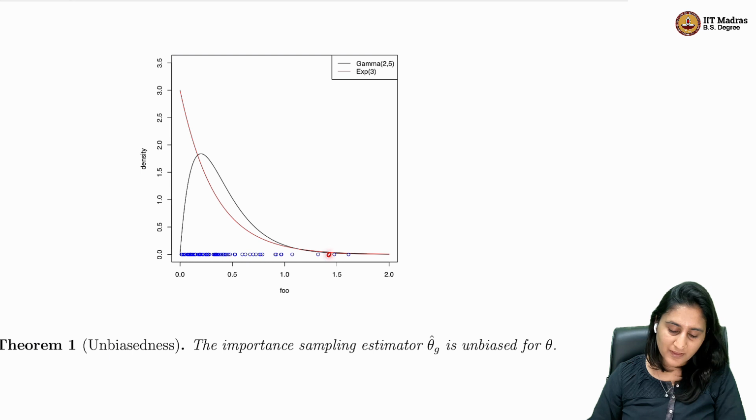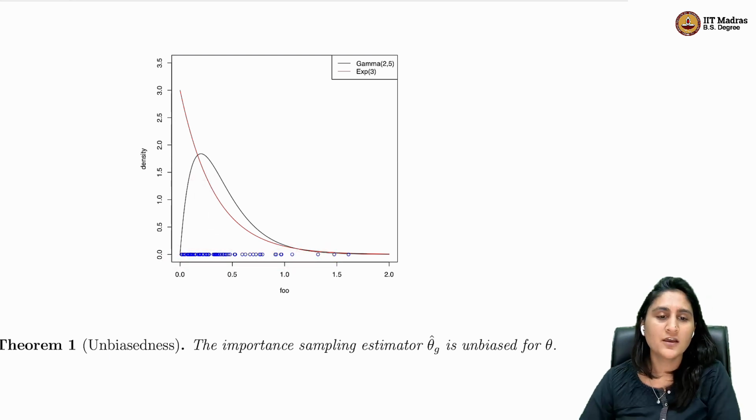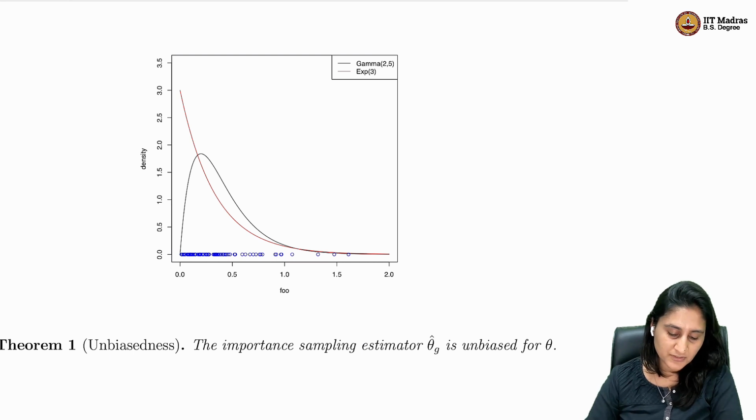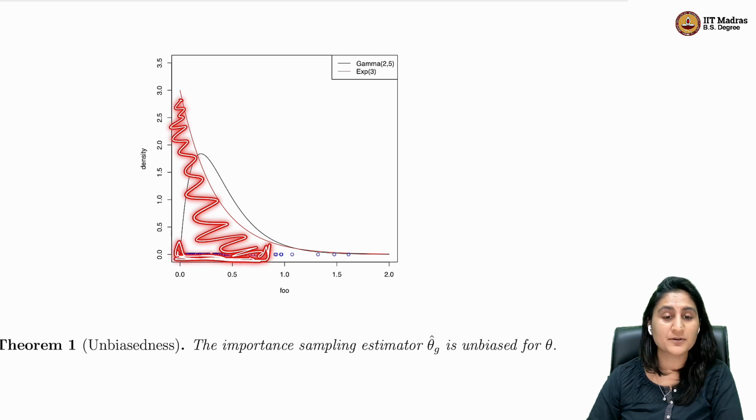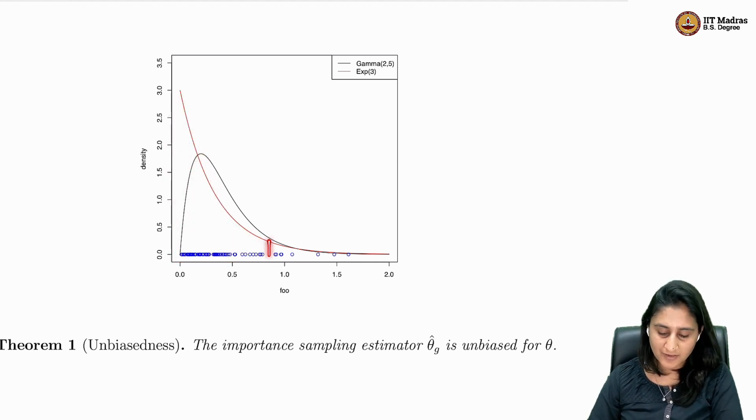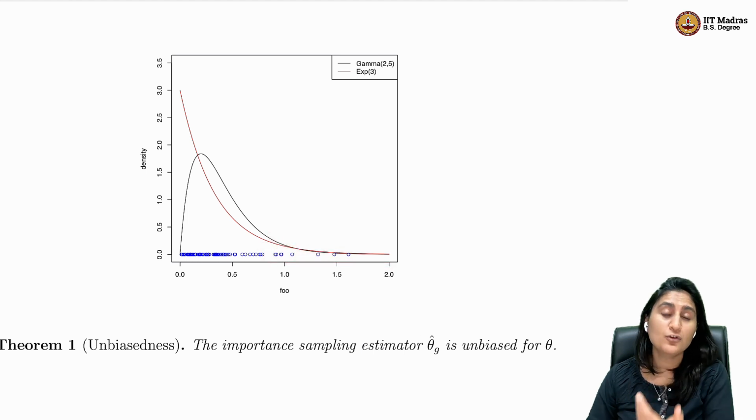And these are all the values that are actually drawn from this exponential distribution. You'll notice that this exponential is going to sample a lot of values from around this area, because they're in an area of high probability for this exponential. On the other hand, values over here will not be sampled that often because they are in an area of low probability for this exponential.